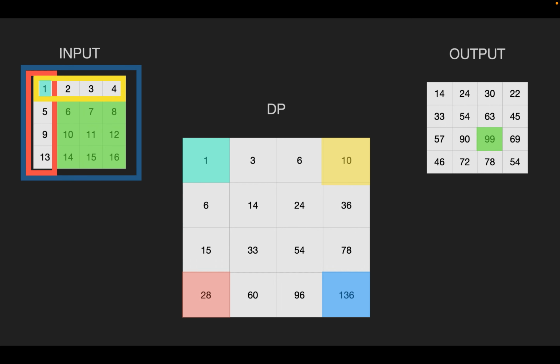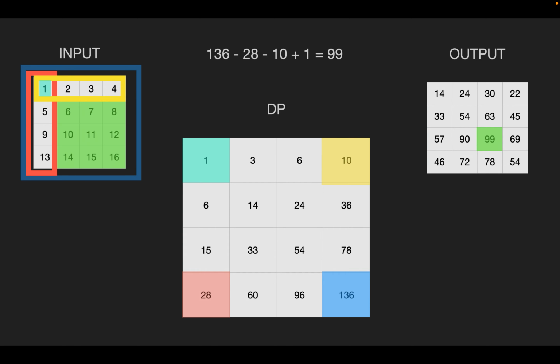So we have to add it back into the solution. 136 minus 28 minus 10 plus 1 equals 99. So we've come up with a dynamic programming approach to build the 2D prefix sum, or this DP array. And then from there, we can combine those subproblems to get the answer to the question.